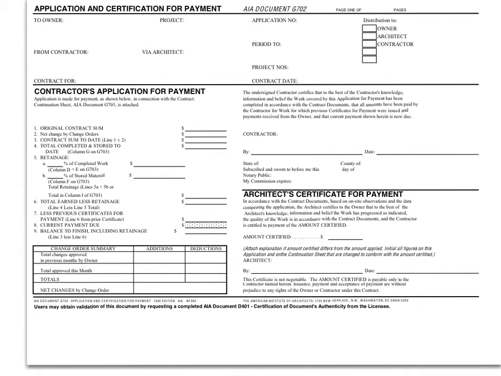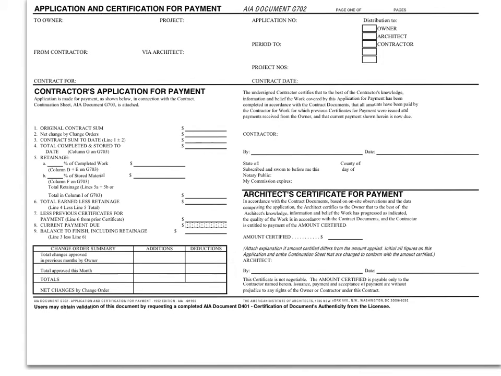There's a space in the block to put the owner's name and address, to put the contractor's name and address, to include what the contract is for, and usually it's just entered as general construction for general contractors, a place to enter the project name and location, a place to enter the architect's name and address, a place to enter the application number, the period that this application covers, what the project number is, what the contract date is, and to which party this document will be distributed.